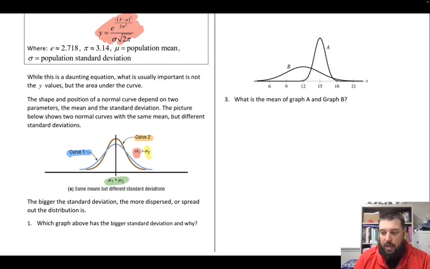And so as we look at that, the greater the standard deviation, the more dispersed or spread out our distribution is. So a huge concept to understand.